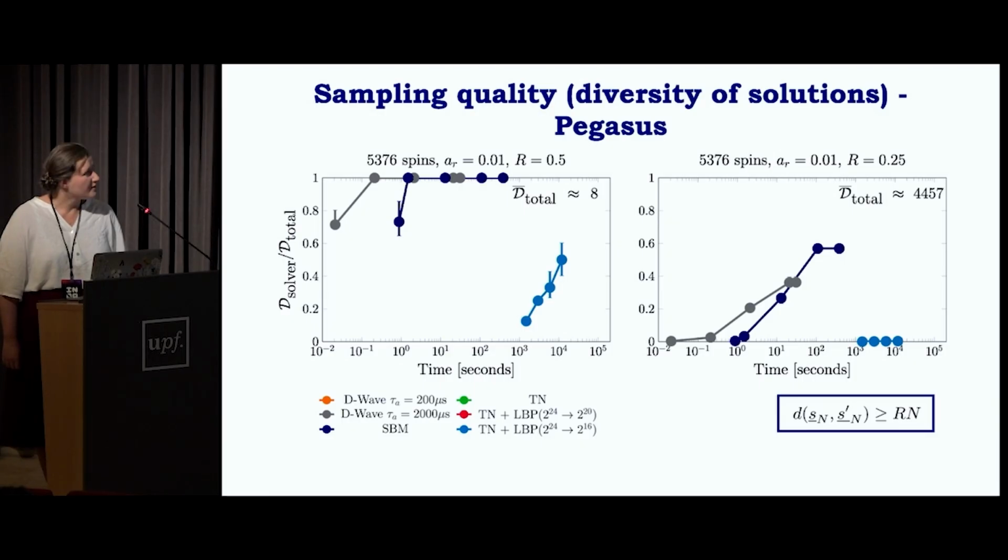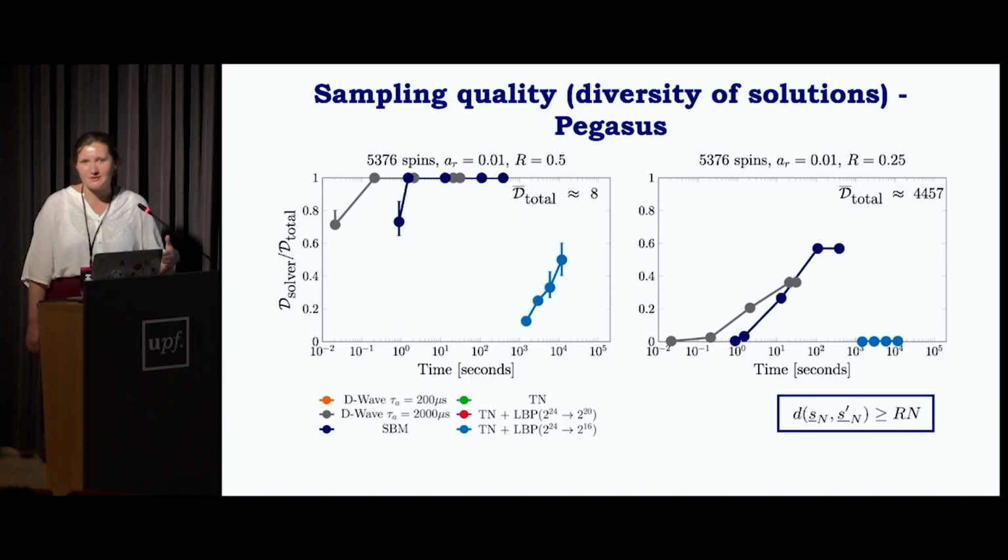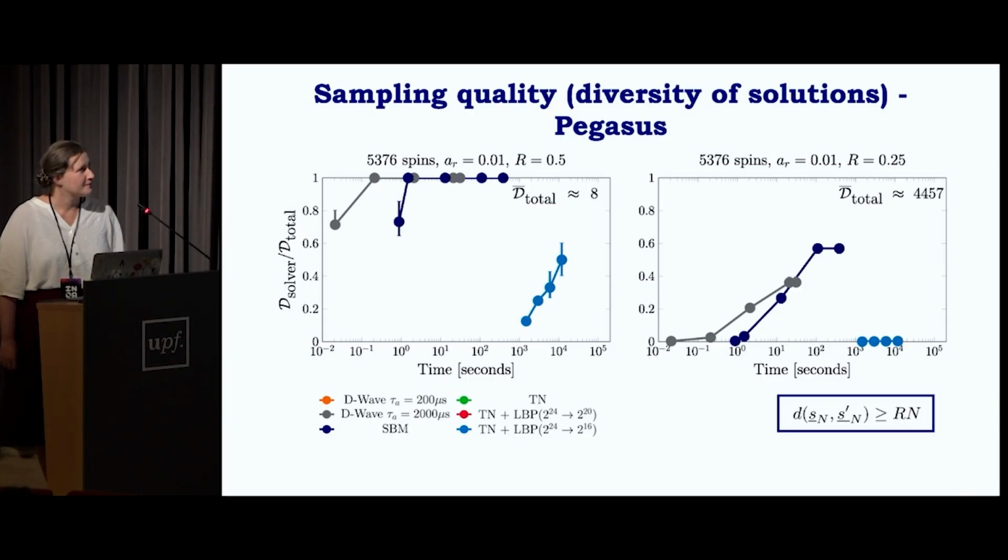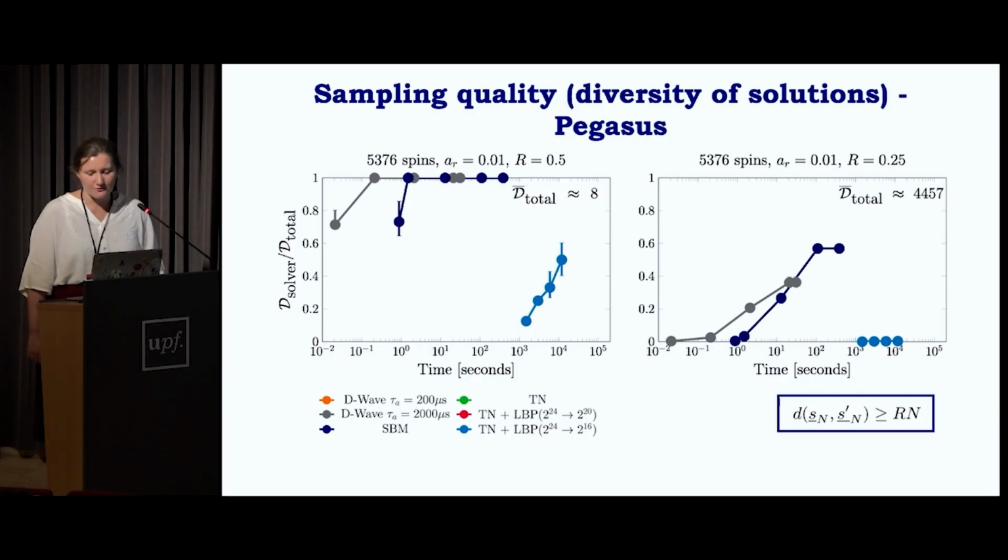And you may see that for a large distance threshold, the total diversity is of the order of 8, and tensor networks are able to identify like 50 to 60% of those diverse states. However, for a smaller distance threshold, 1/4, the total diversity is of the order of 4,000, and tensor networks can give us only a small fraction of those diverse states in this case.